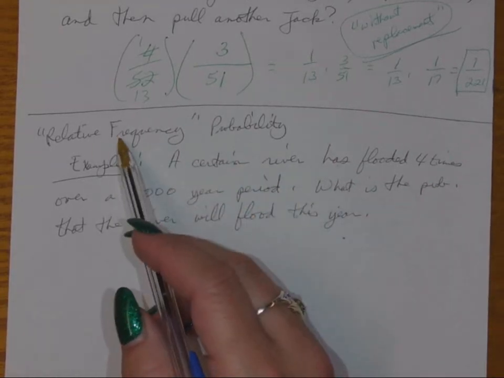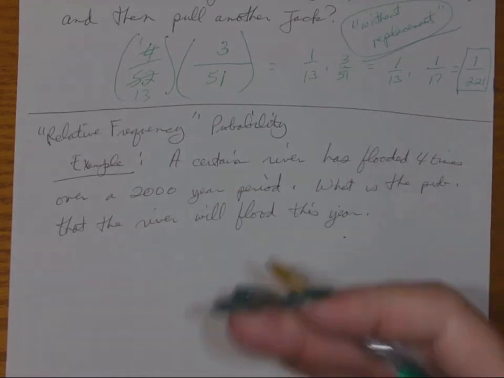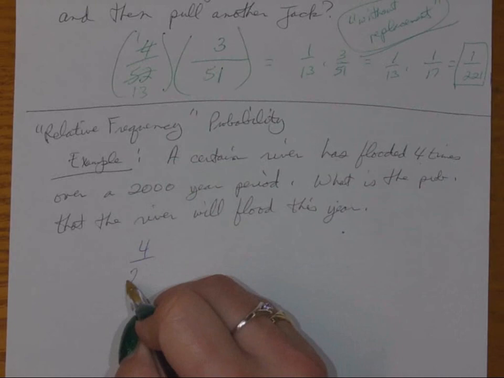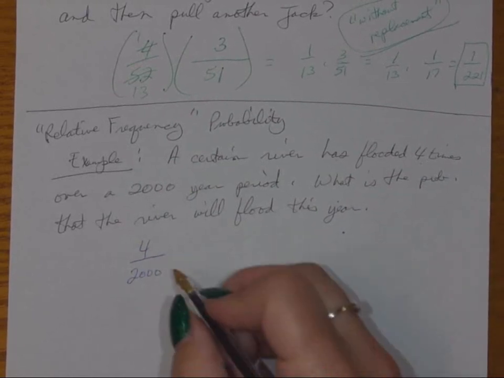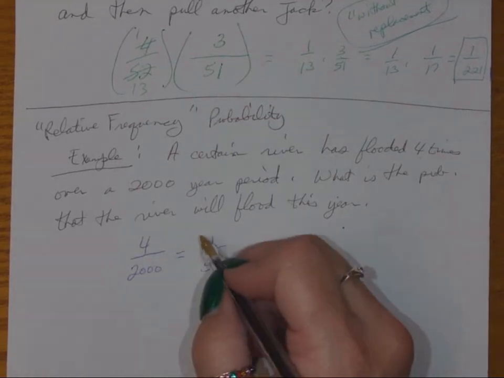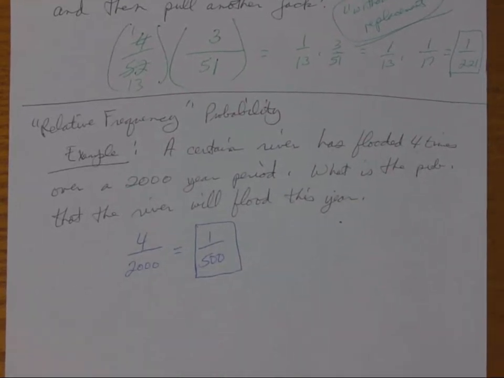The relative frequency part and the probability tells us, okay, let's set up a ratio here, 4 out of 2,000. Ratio, not proportion. That would become 1 out of 500. So there's a 1 in 500 chance, probability, that it's going to flood this year.